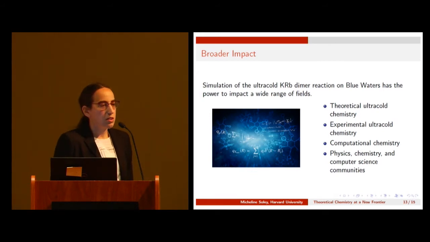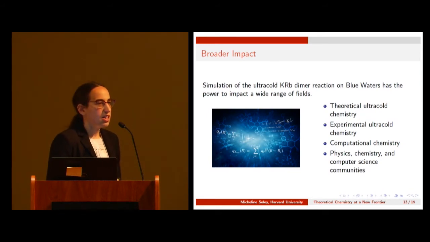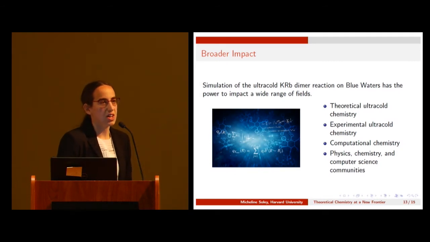But more generally, by finding out this quantum classical correspondence, it's a tool that can be used throughout computational chemistry for reactions at other temperatures as well. And in the end, ultracold chemistry also has applications to a variety of fields, such as investigation of fundamental constants or quantum computers. So it has a possibility to impact a wide range of fields outside of the ultracold and theoretical chemistry communities.